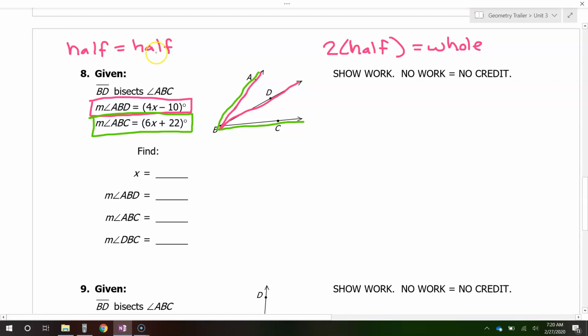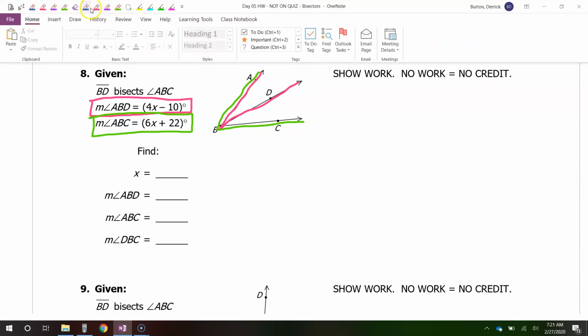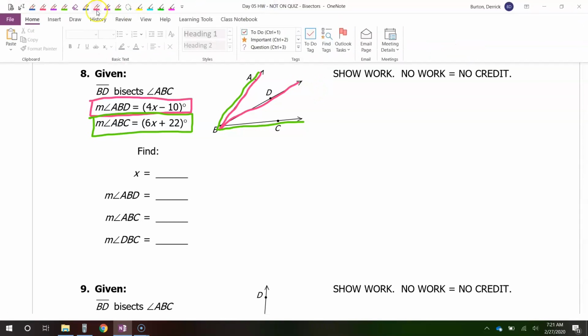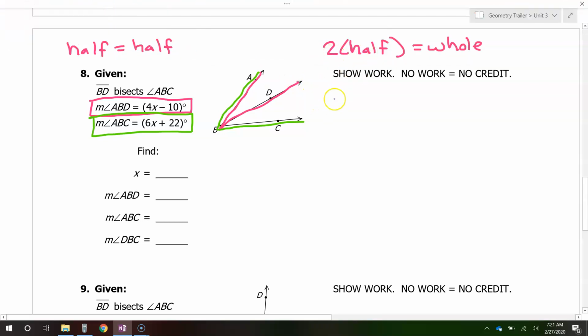So is this half equals a half, or is it two halves equals a whole? Well, this is going to be a situation where two halves equals a whole, because the red is half and the green is the whole. So we need to do two halves equals a whole.